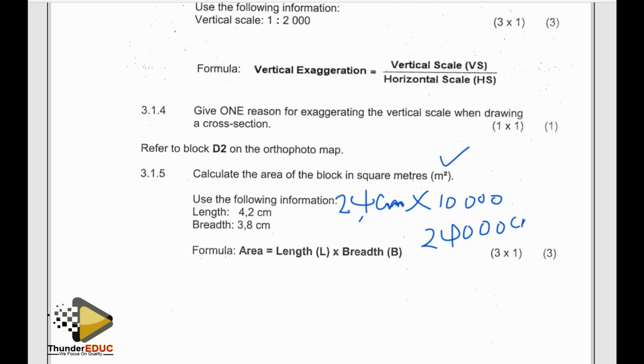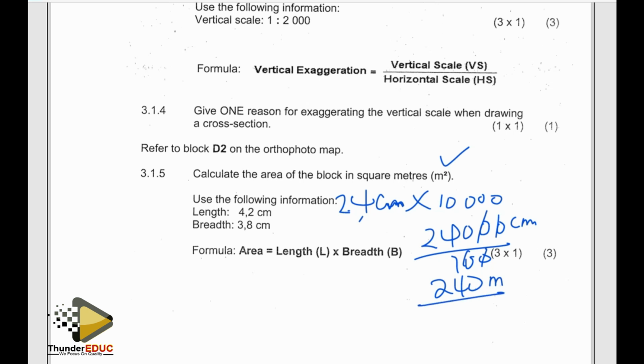This is in centimeters. And what do you need to do to get the actual distance in meters? You divide by the number of centimeters in a meter, which is 100. You remain with 240 meters.